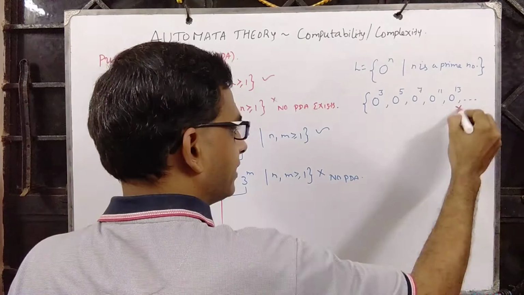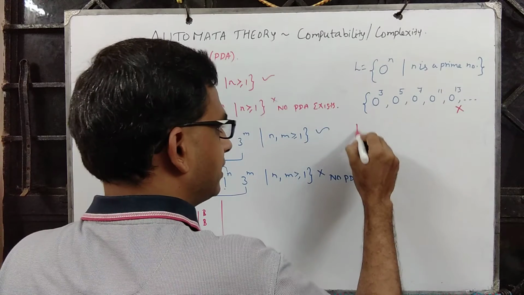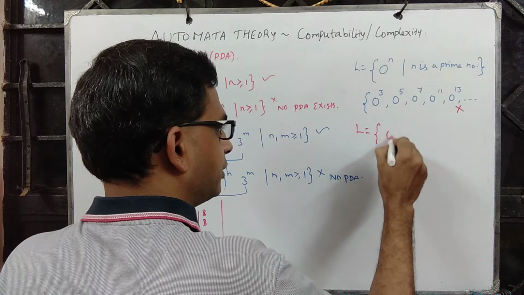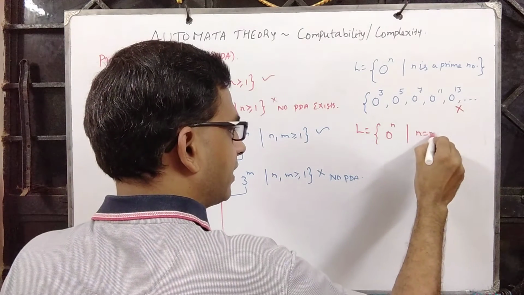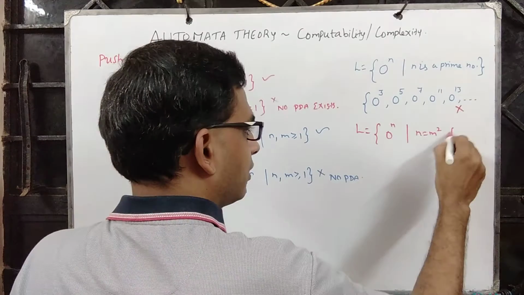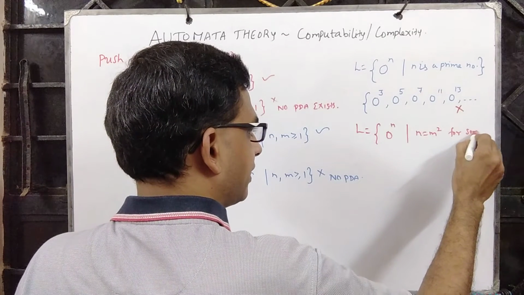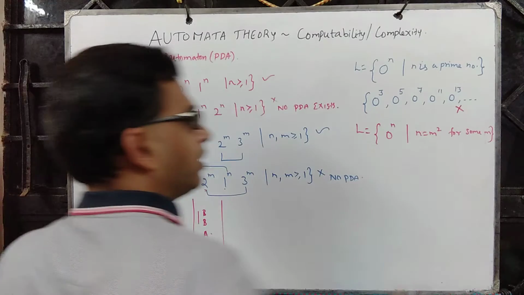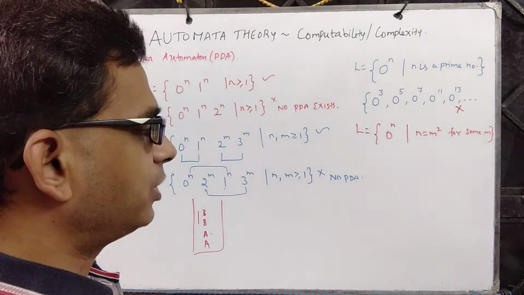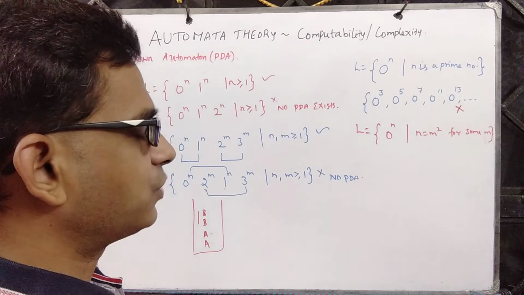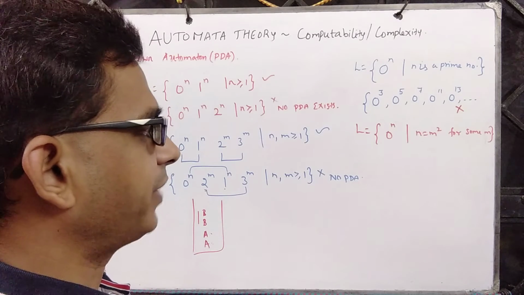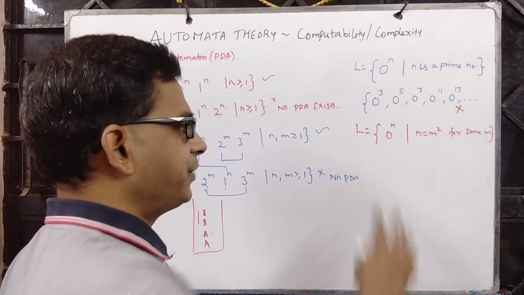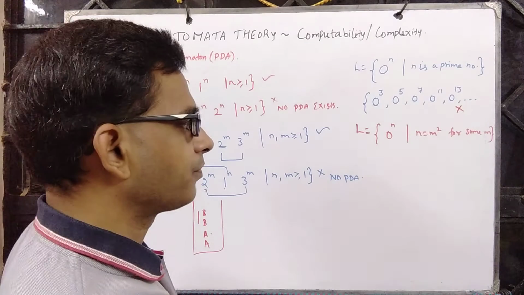So no PDA exists. Consider this language, say 0 power n, such that n equals m square for some integer m. Something like 0 power 4, and 4 is 2 square, and 0 power 9, 9 is 3 square. So n must be a perfect square.